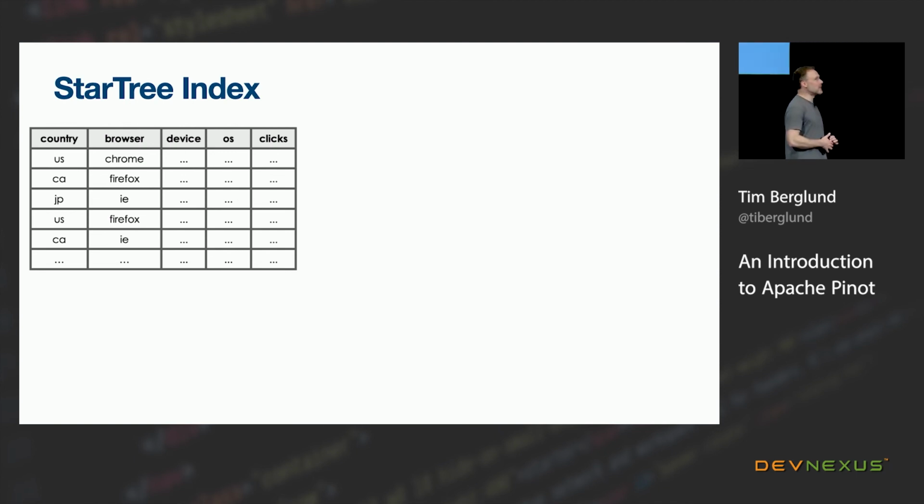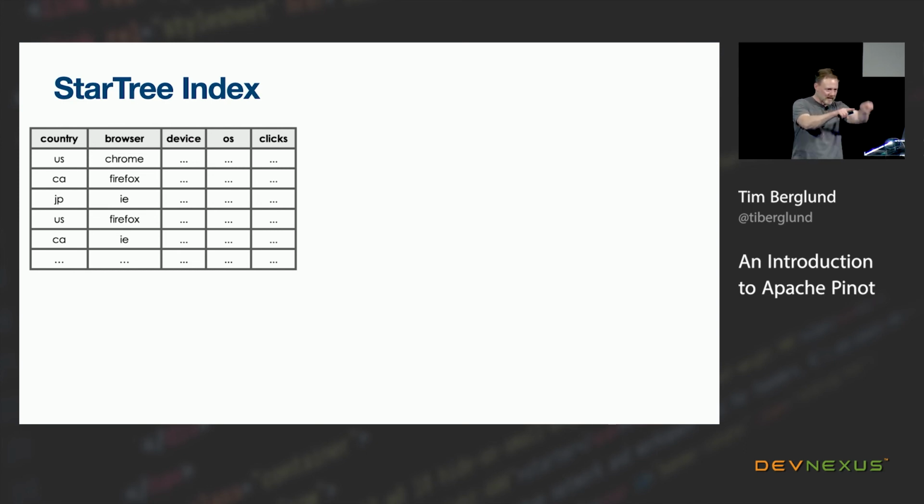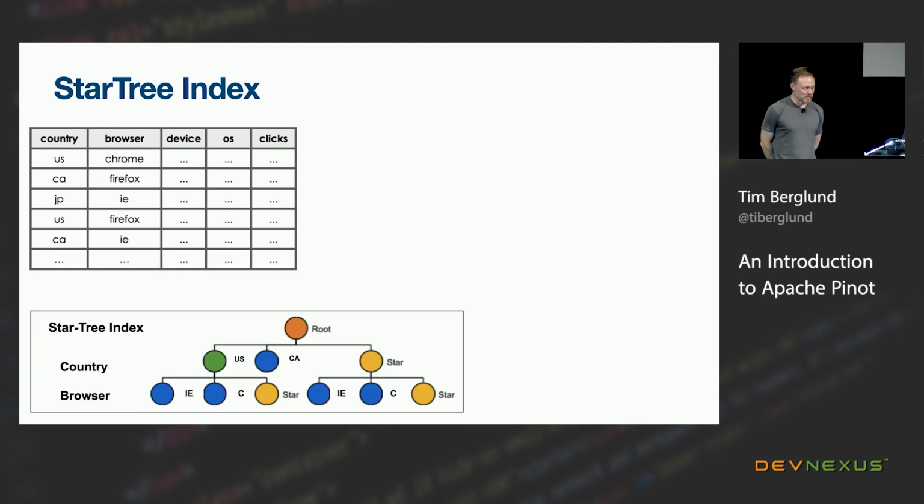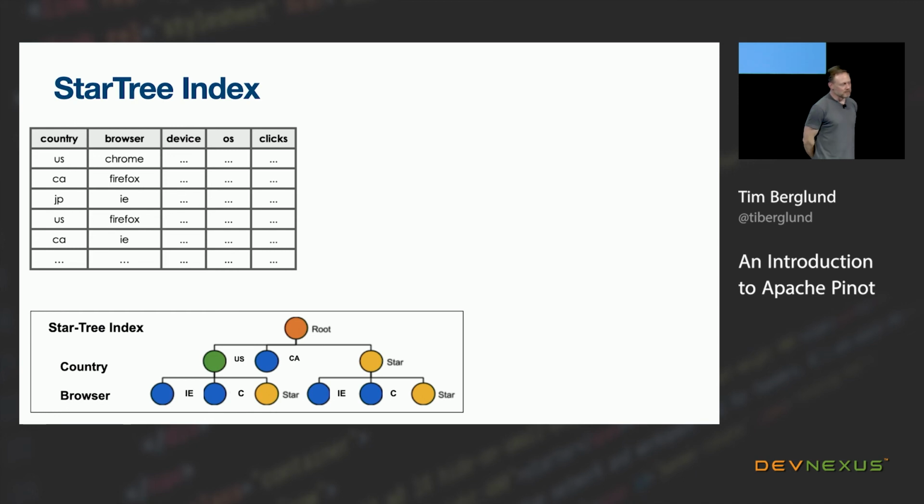It's like making an index out of a pivot table, kind of. So if you wanted to index by country and browser, which you could imagine, this is shown just as two columns, but in a pivot table you could have them as rows and columns. And then you get roll-ups in the cells in between there. Well, Startree index is a way of building that as an index. So it's lookup and pre-computed aggregation of fields that you specify.